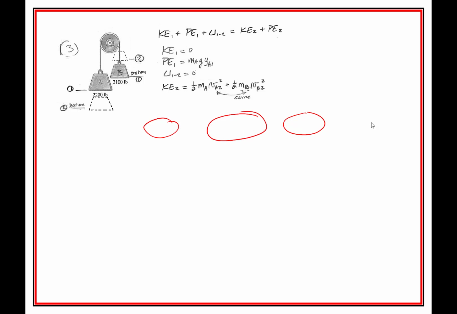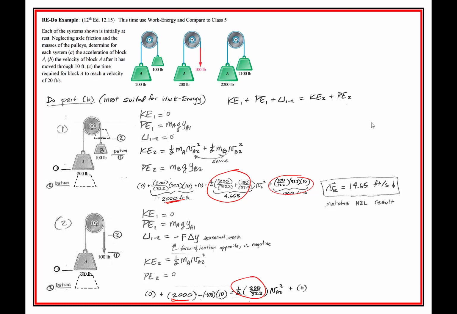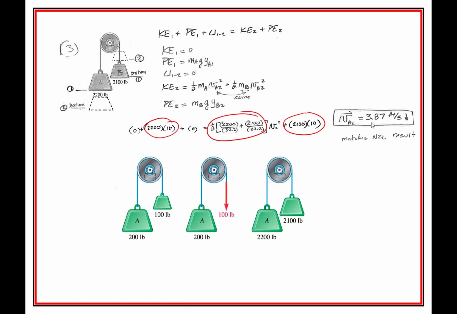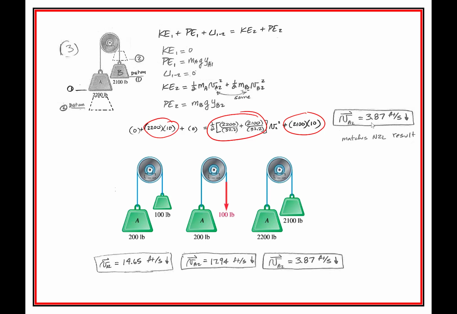Okay, so looking back up at this, I think I actually include this at the end. So here's the summary between them: in scenario 1, we have 14.65.